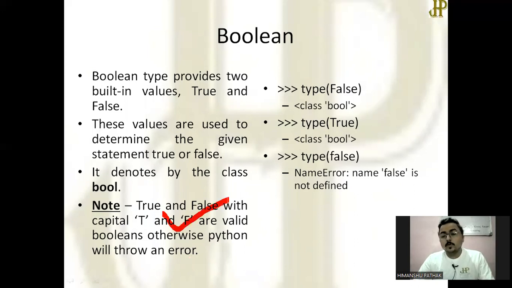Otherwise, Python will throw an error. So here you can see that I have written false in small letter, so it will print an error. This is of class bool.